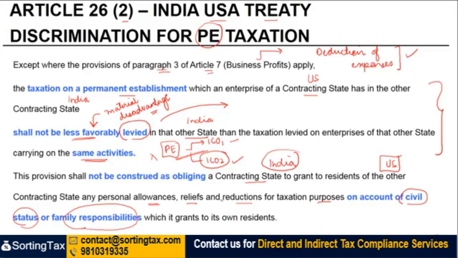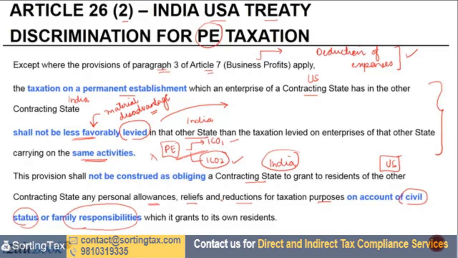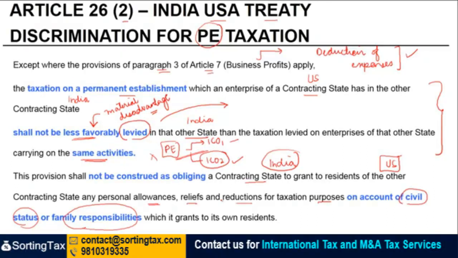So if, for example, India were to give a benefit that, because you have a child who is going to school, we'll give you a deduction for that, it's not necessary that they have to give that deduction to a US resident also who is placed under similar circumstances. They may give it, it's a different matter, but if you are giving them on the basis of civil status or family responsibilities, those benefits need not necessarily be given to the person who is a resident of the other contracting state.